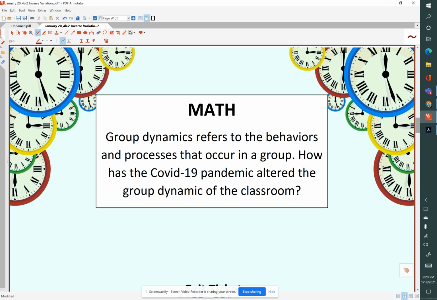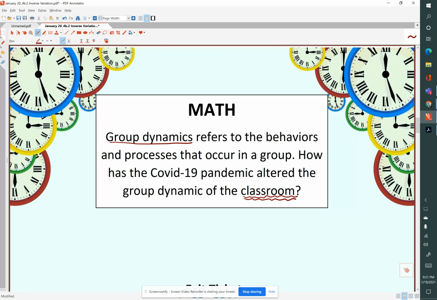And our do now is about group dynamics. What is group dynamics? Well, group dynamics refers to the behaviors and processes that occur when we're in a group. So, sort of our interactions with each other. So, how has the COVID-19 pandemic altered the group dynamic of the classroom? We know we're not working on projects this year. We're not doing as much hands-on artsy stuff.